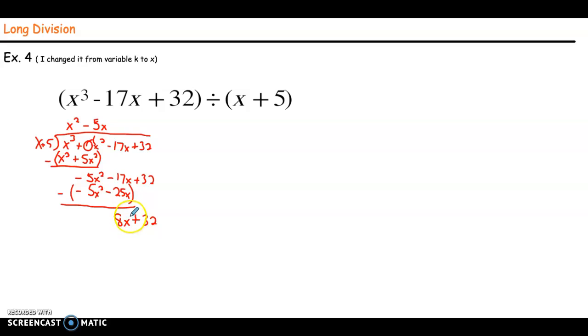Right now it's a degree 1 because it's an x to the first, so it's the same. What that means is we do it one more time. X times something gets us 8x. It's got to be a positive 8. So 8 times x is 8x plus 8 times 5.